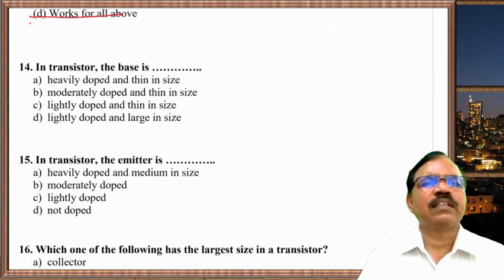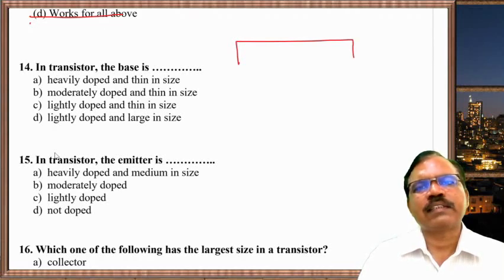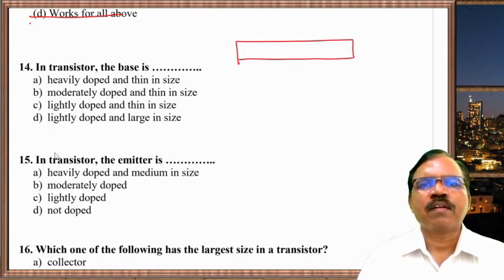In transistor, the base is, now if we see general transistor structure, this is silicon chip. Now if we take NPN transistor, this is doped with pentavalent impurities and this is doped with trivalent impurity.